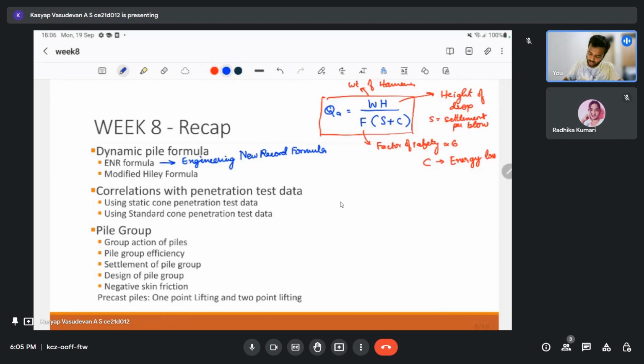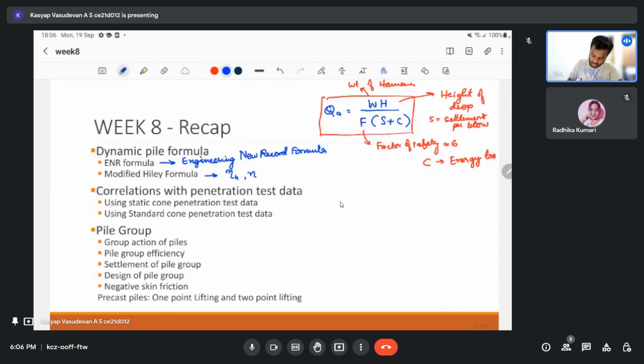Similarly, one more equation is there, the modified Hiley's equation. In that equation, the efficiency of the hammer blow and the efficiency of the hammer are taken into account.